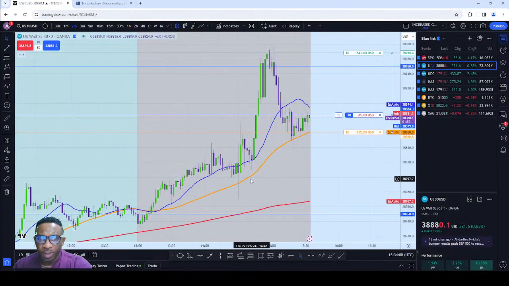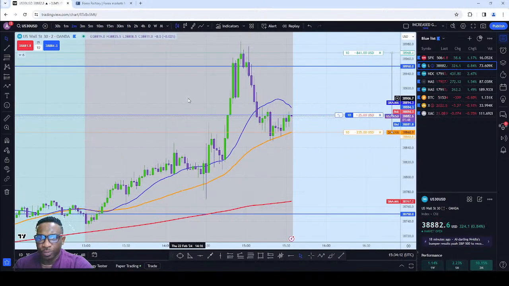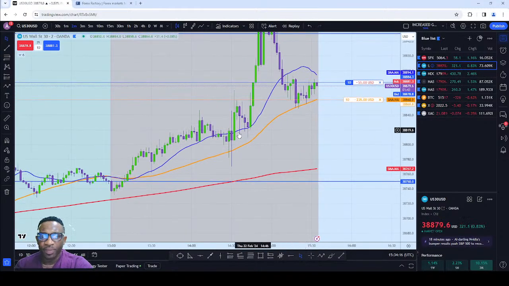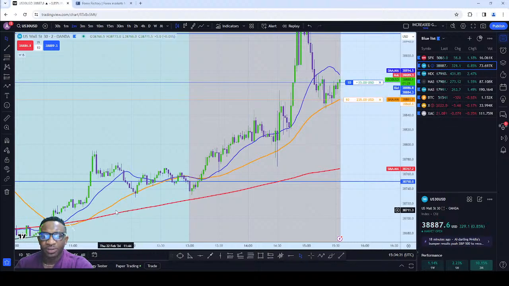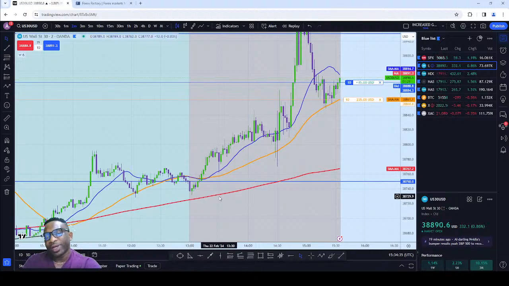One thing I also want to draw our minds onto when we are trading: we can see price is above the 200 moving average, this red line, and we can see clearly that the red line is rising.